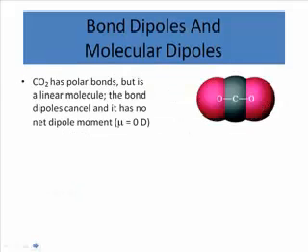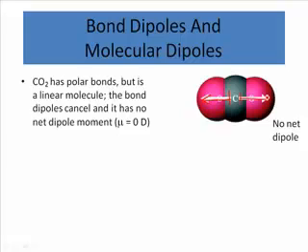So here's an example. Here we have carbon dioxide, and the individual bond dipoles are polar. Carbon to oxygen, there is a difference in electronegativity that makes that individual bond polar. When we're drawing those dipole moments, we draw an arrow from the more positive end towards the more negative end. See how we would draw that there?